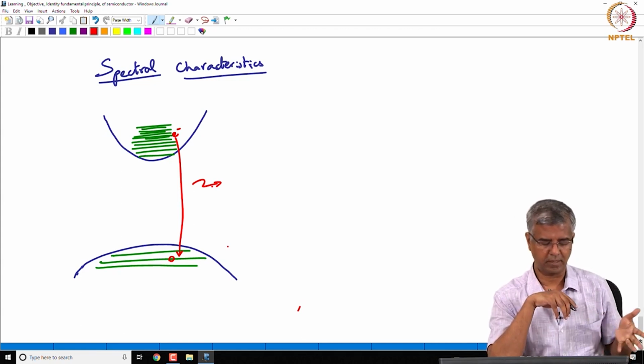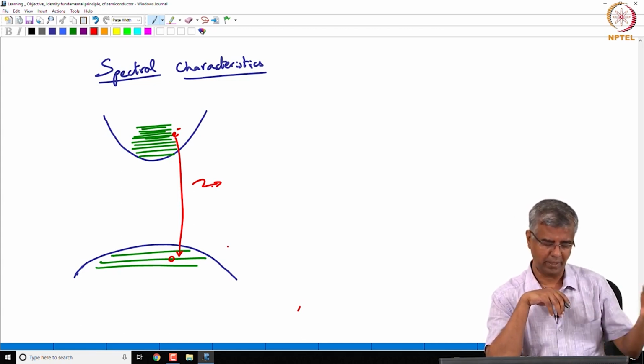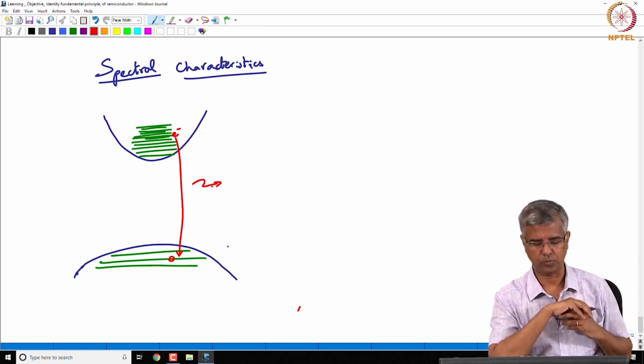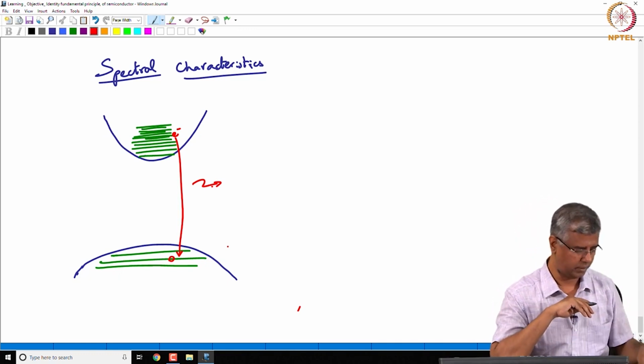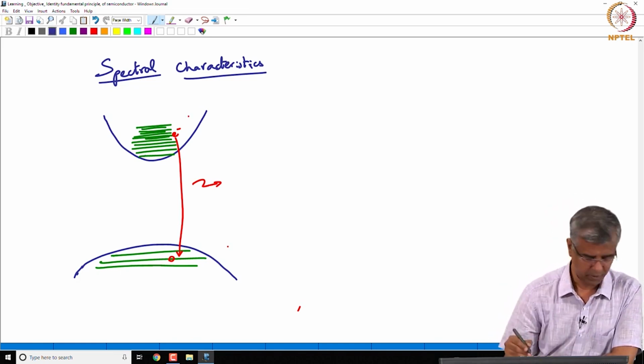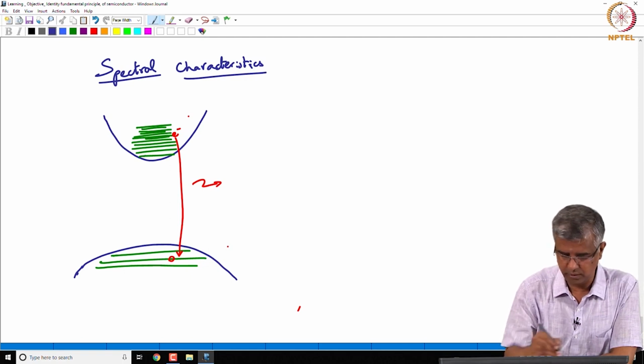And of course, the spectral characteristics are going to depend on where the electron is, where the hole is, and that corresponding energy is what is going to get emitted.